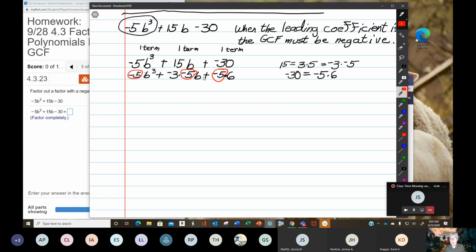There may be some students here who do it in their head. But a lot of people really need to see it written out. And that's why I'm doing this. All right, now I have a -5, a -5, and a -5. Yay! Okay. I write down the -5, which is the GCF.